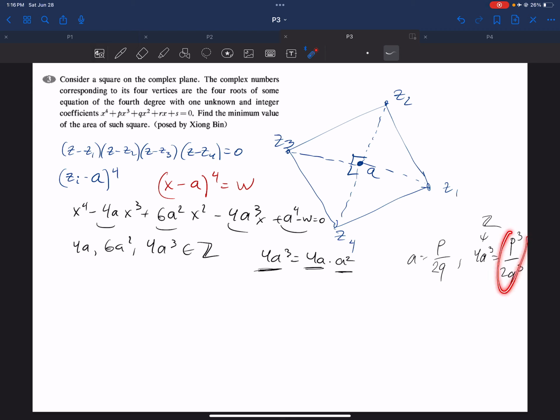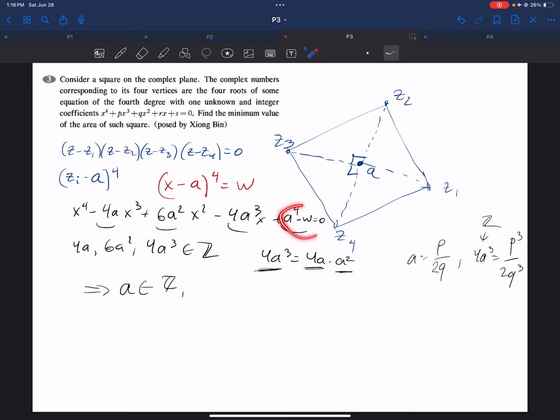But then this is also a rational number. But it must be an integer. Impossible. Well, it means that this was actually an integer. Great. We conclude that a is an integer.